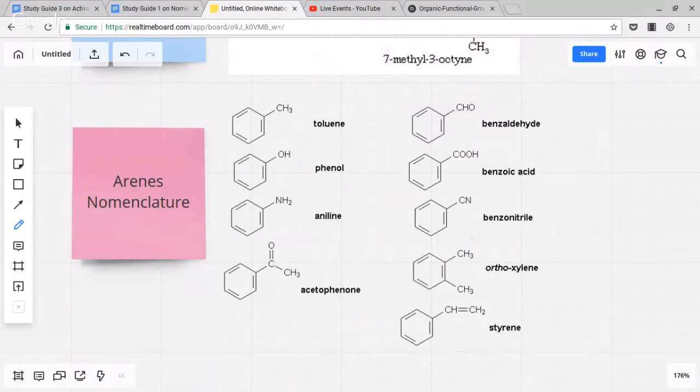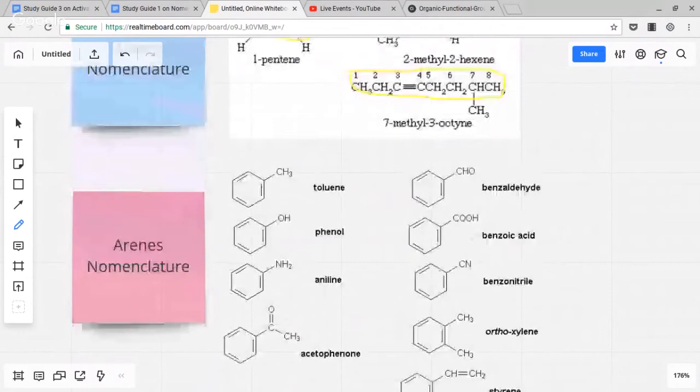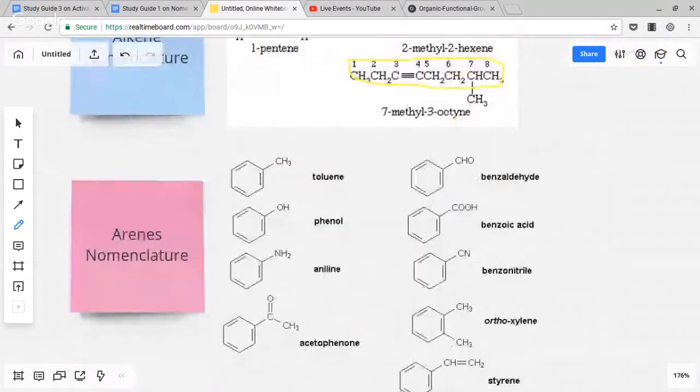So you've got to experiment on your structure, how you number them, so that you will generate the lowest sum. So if you have a cyclic structure, that's basically common in your cyclic structure. Like if you have cyclohexadiene, or if you're looking at your arenes right now, arenes contain your benzene ring.